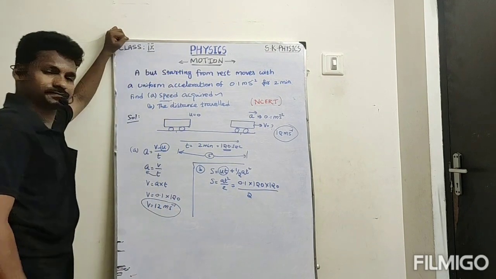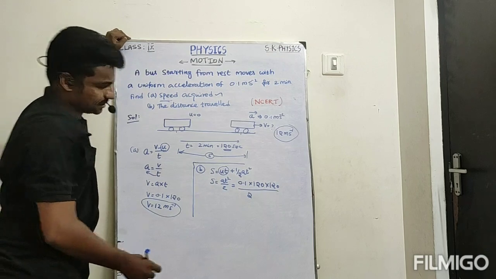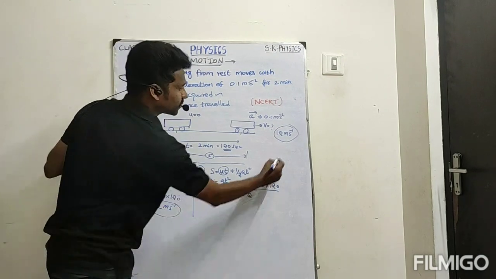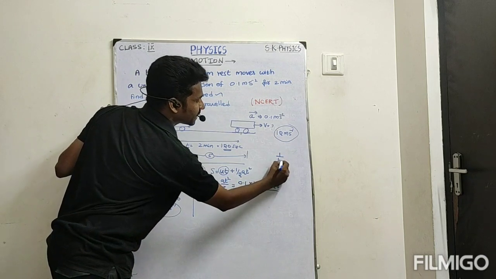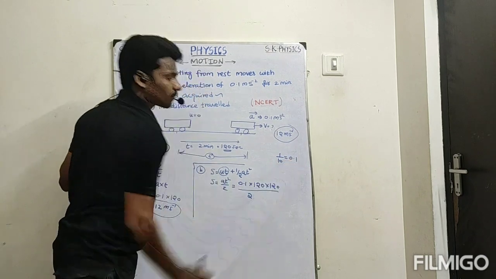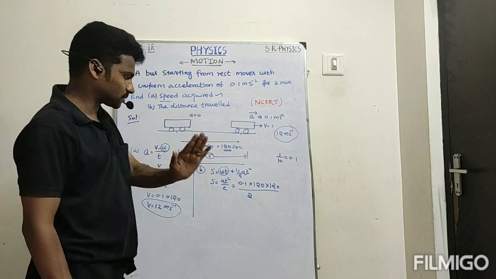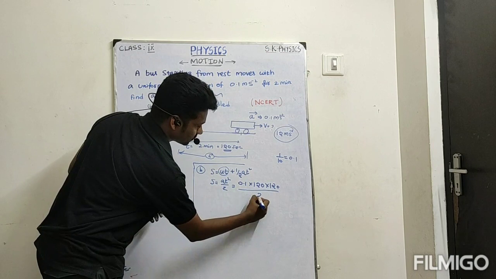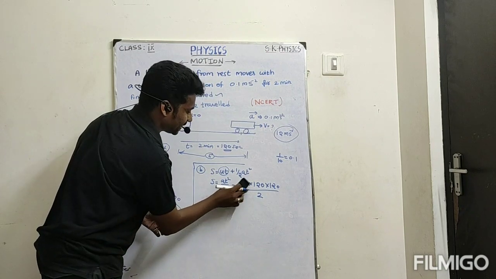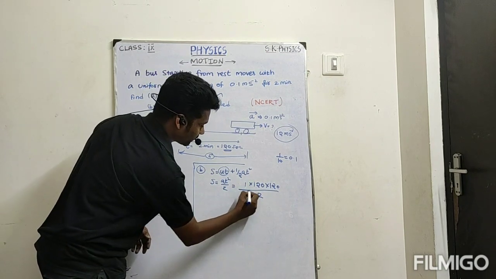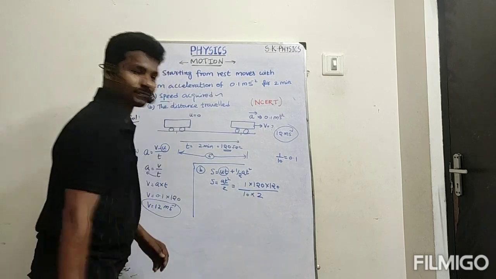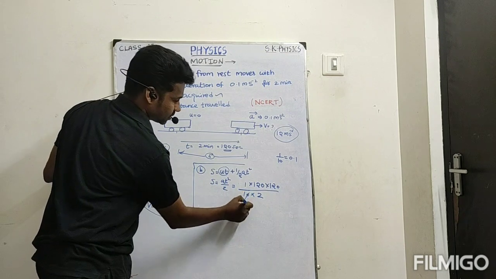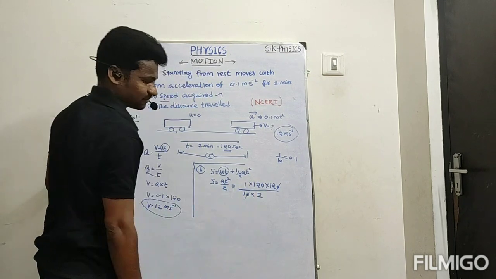Please see, students, for your convenience I can write it simply. You know that 1 divided by 10 is equal to 0.1. So I will write 0.1 as 1 divided by 10. This 2 is already there. Here the 0 and 0 cancel.